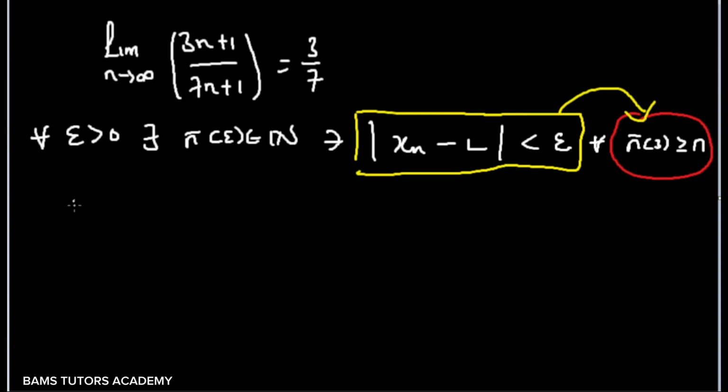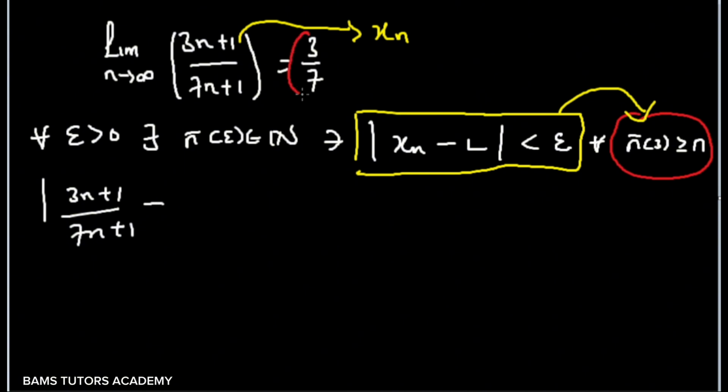Okay, so starting with that absolute value of x of n. My x of n now is this, right? So I will just say x of n is 3n plus 1 over 7n plus 1, minus the limit. What's our limit? Our limit is this.